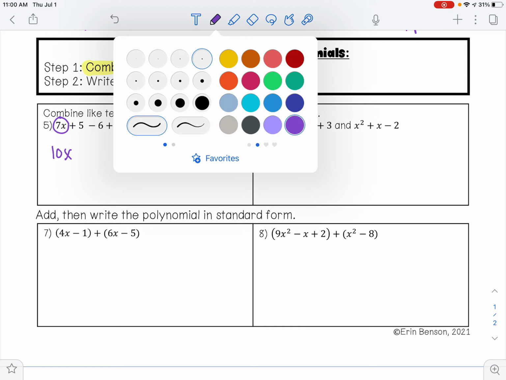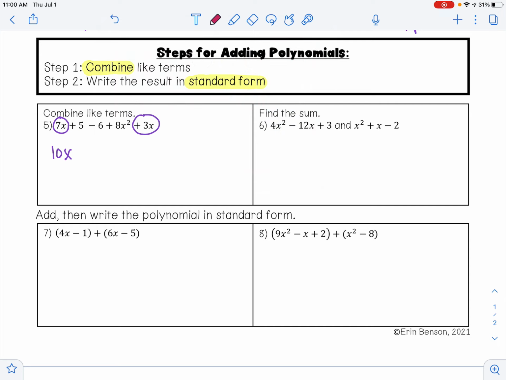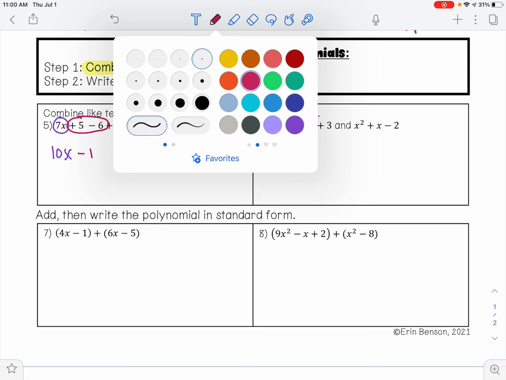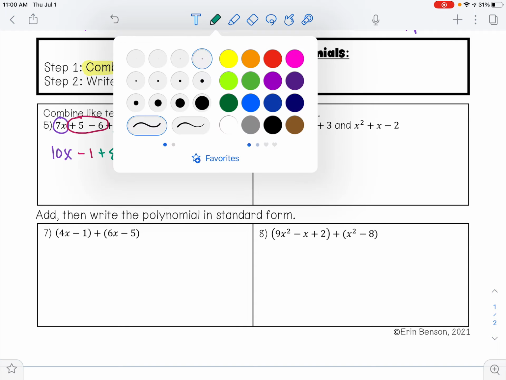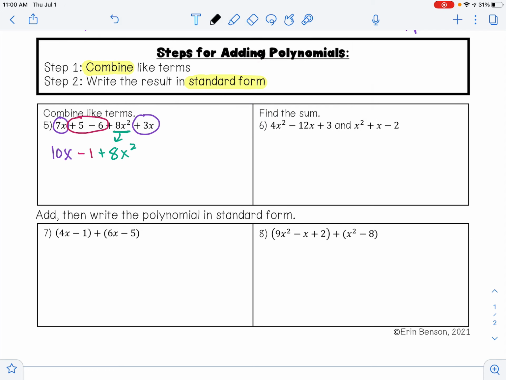Now, if we look for more like terms, I have 5 and negative 6. 5 minus 6 is negative 1. And then I have 8x squared. 8x squared does not have a like term, so we're going to just bring that one down. So we have combined all of our like terms, and now we need to write our answer in standard form.